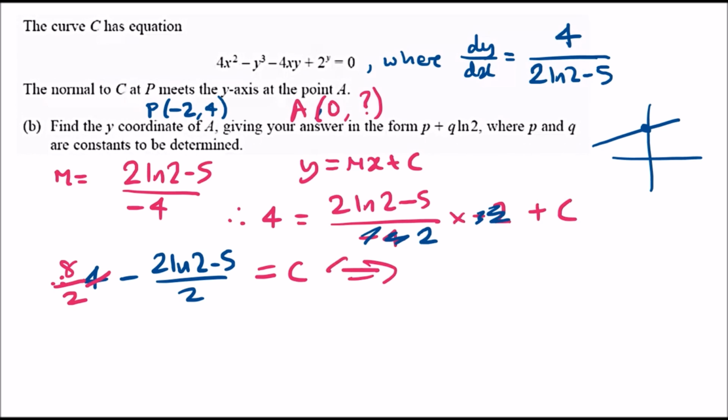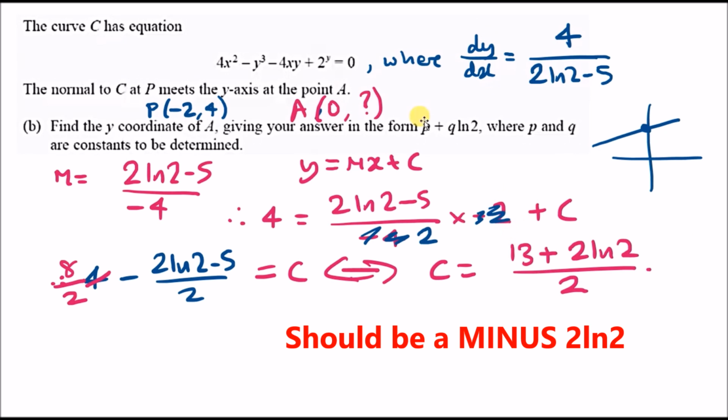And therefore, we can say now that c is equal to, so we can do 8 minus 2 log 2 minus 5. So 8 minus 5 will give us plus 5. So 8 plus 5 is 13, so it'll be 13 plus 2 log 2 over 2. Not bad at all. So therefore, what's our final equation?